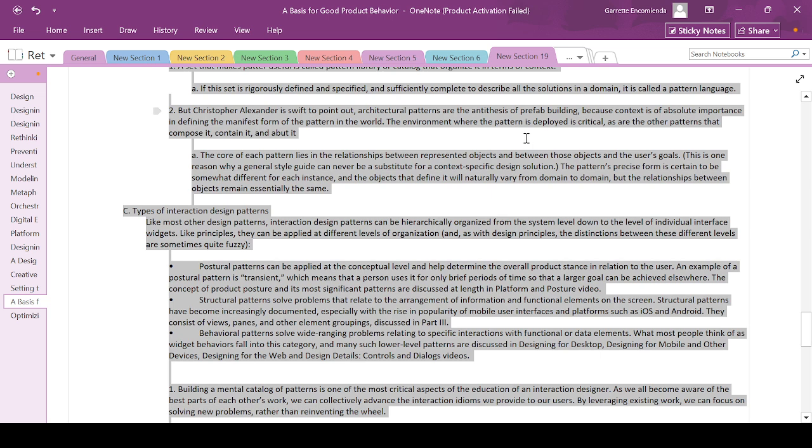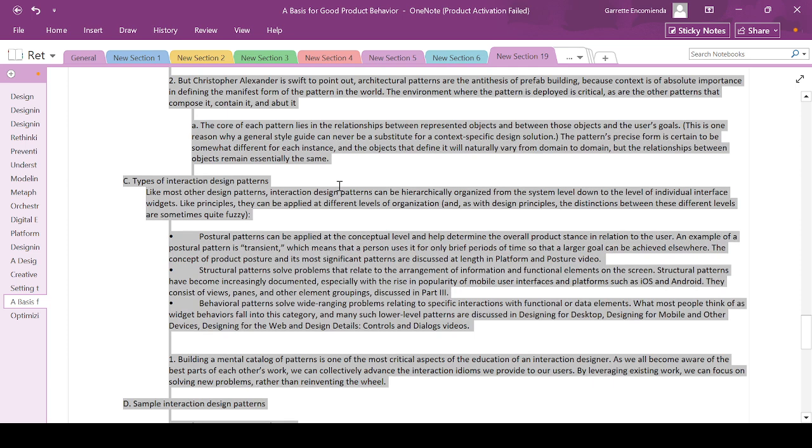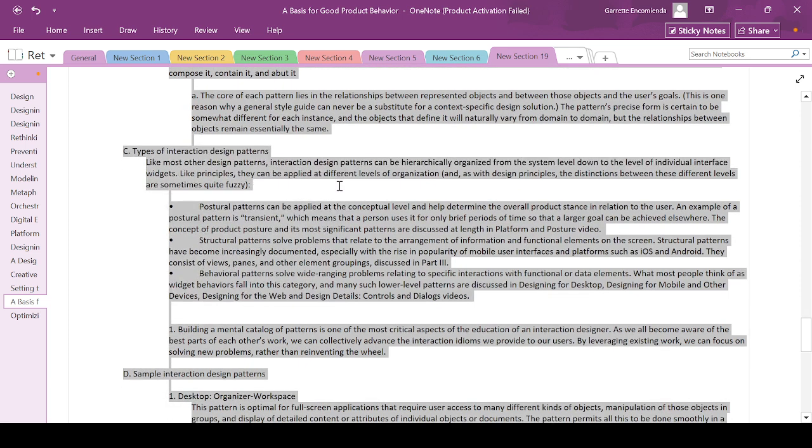So again, the environment where the pattern is deployed is critical, as are other patterns that compose it, contain it, and abut it. Because again, our environment is a complex adaptive system. The core of each pattern lies in the relationship between represented objects and between those objects and the user's goals.